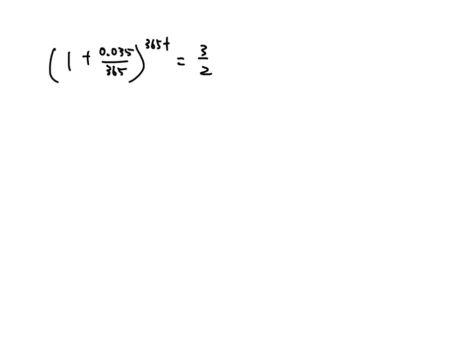Now notice there's no coefficient here, which is good. Let's go ahead and take a log of both sides. You can use log or ln, it doesn't matter.